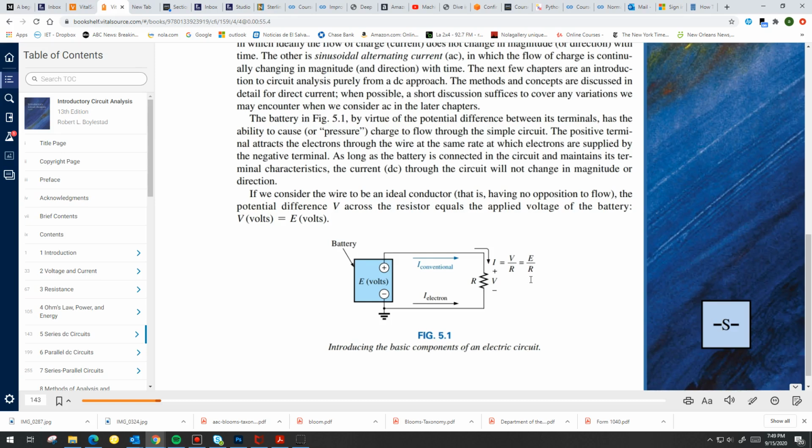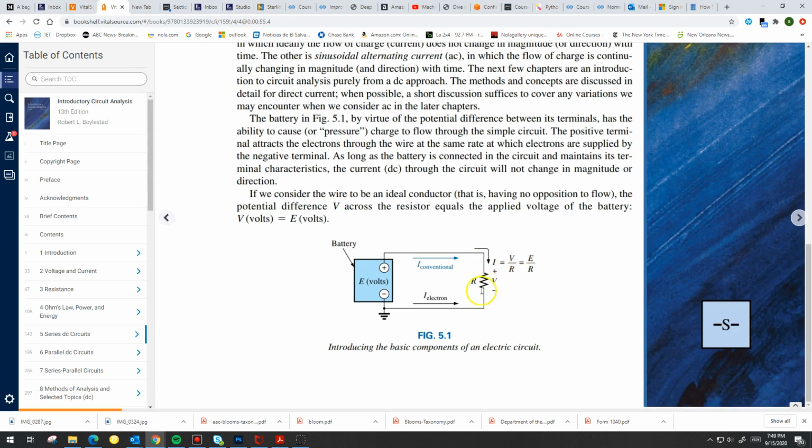So you have here a complete circuit connecting a battery and a resistor together, and based on that, you can find, for example, the current through this resistor by using Ohm's law, which is the voltage across the resistor divided by the resistance of the resistor. In an ideal situation like this, we assume the wire doesn't introduce any resistance.